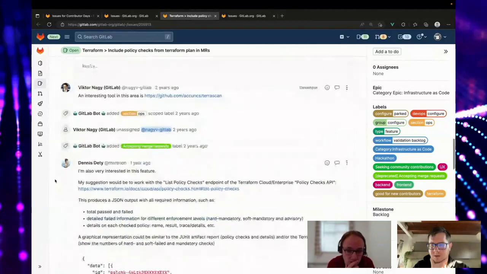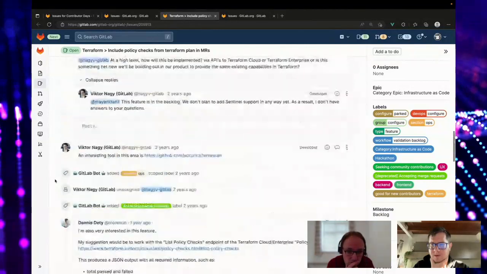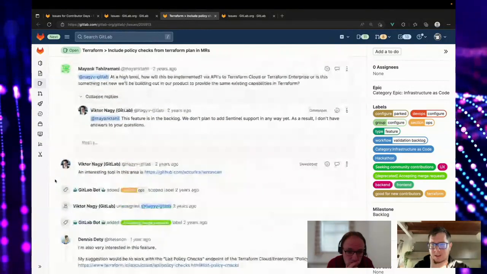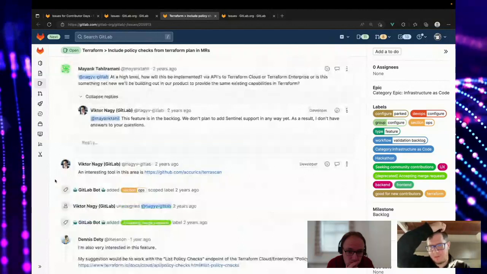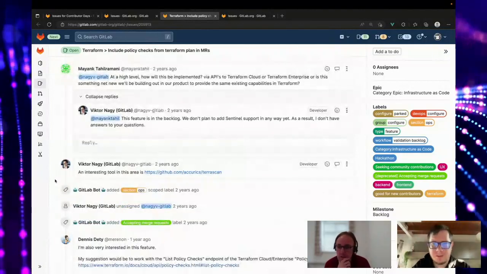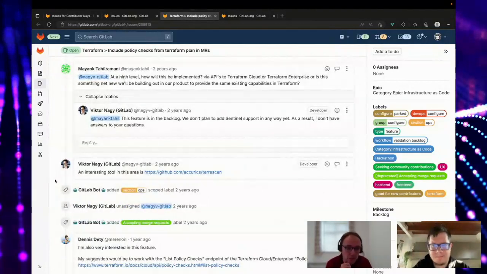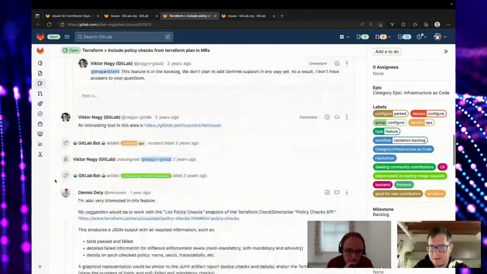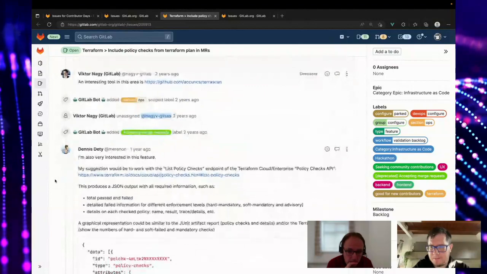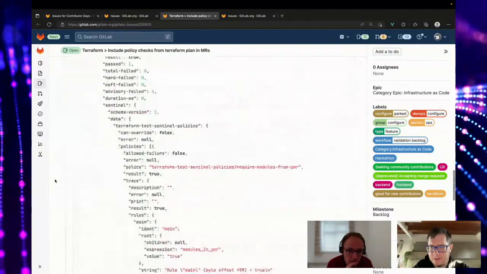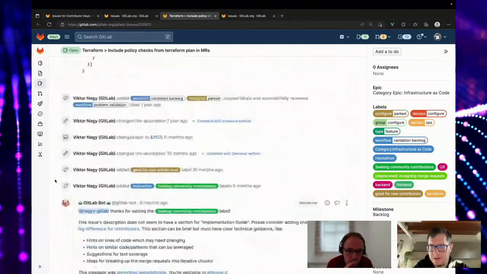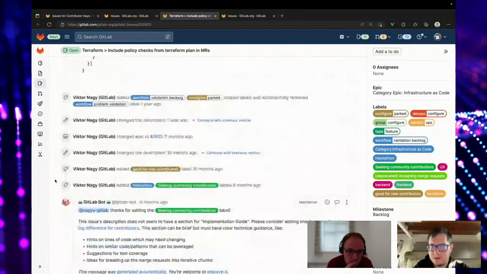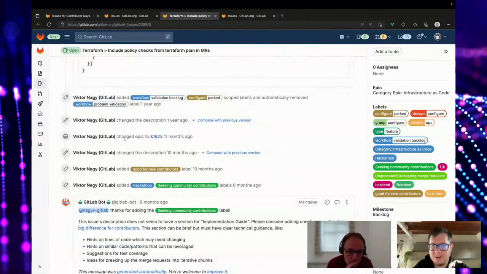Right. Yeah, Victor said that they don't have an answer because they don't plan to add Sentinel support. That said, that was 2 years ago. So yeah, I'm having a look down below. This is quite long. Parked.